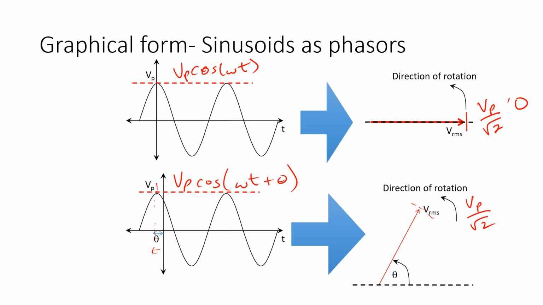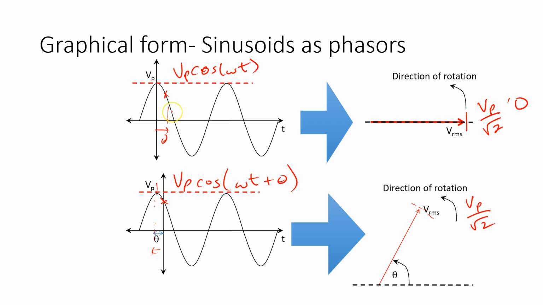Right? So if you want to see why this results in a positive angle, then what you have to look at is at time 0 on this graph, the value here is the same as theta on this graph.